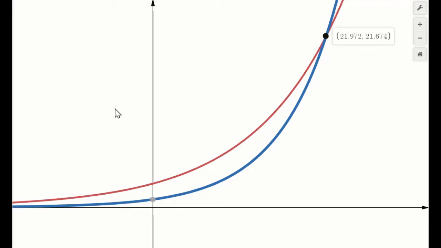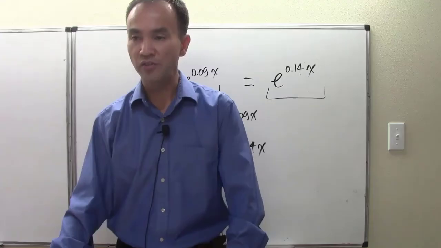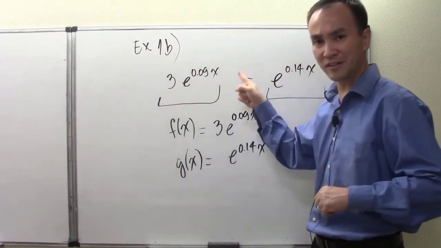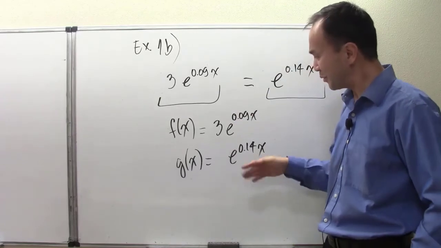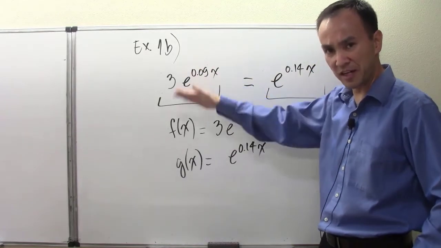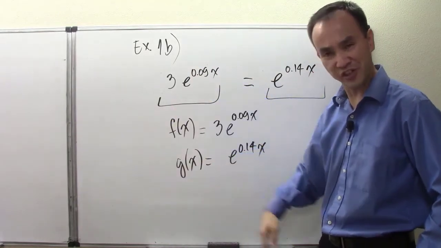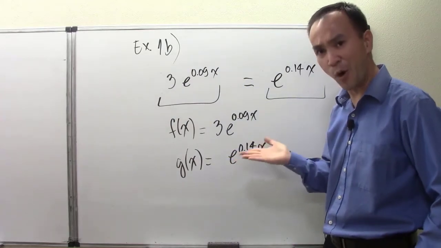The graph in red is the graph for f of x, 3 times e to the 0.09x, and the graph in blue is the graph for g of x, e to the 0.14x. Solving that equation means we want to look for the value where the two graphs cross each other, an x value satisfying function f equal to function g. That's the whole idea.